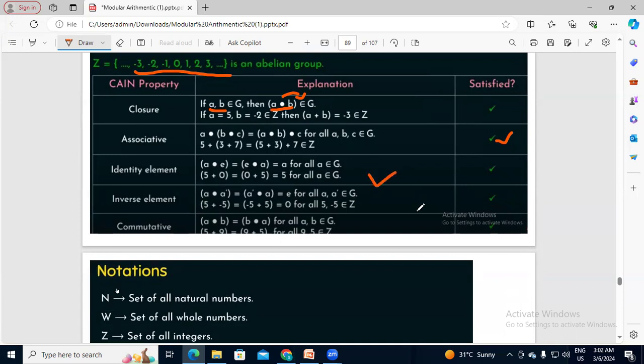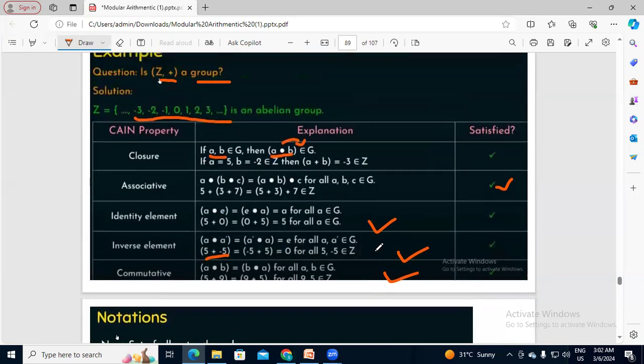If again the result belongs to G, then you say that it follows that property. Inverse, right? So 5 plus minus 5 is 0. So that is the inverse element, and the commutative property. So if that group is satisfying all these properties, then we call this an abelian group.